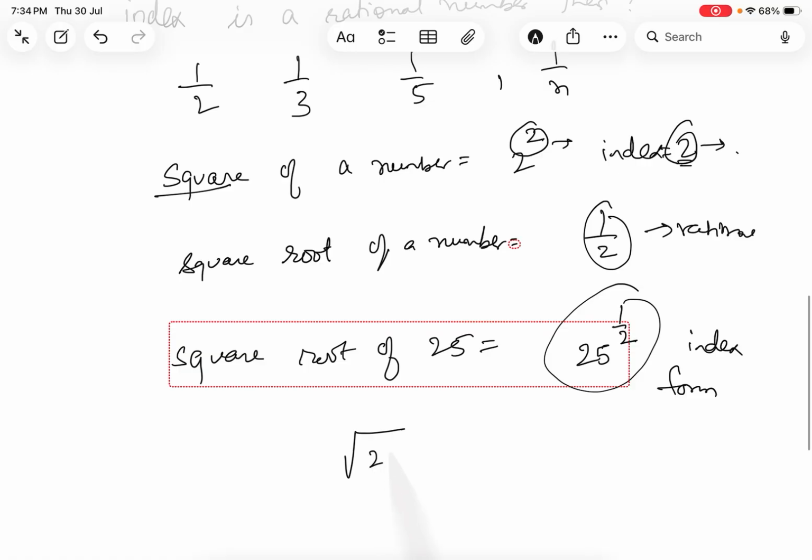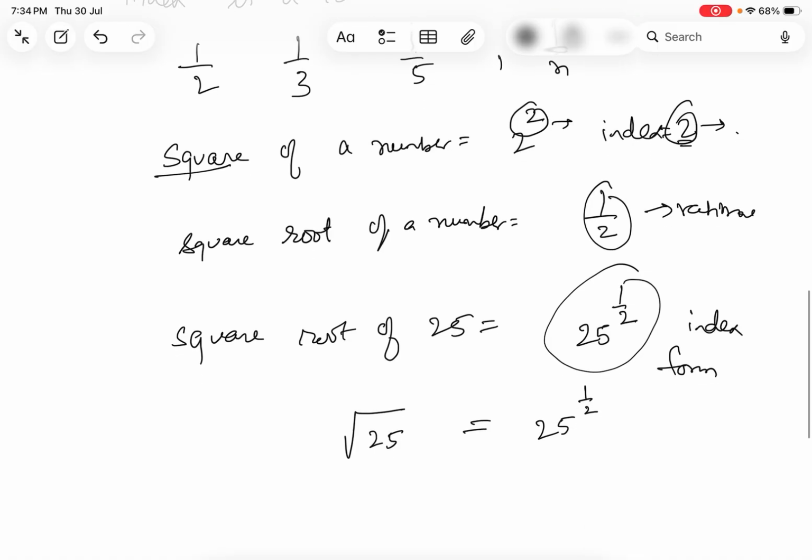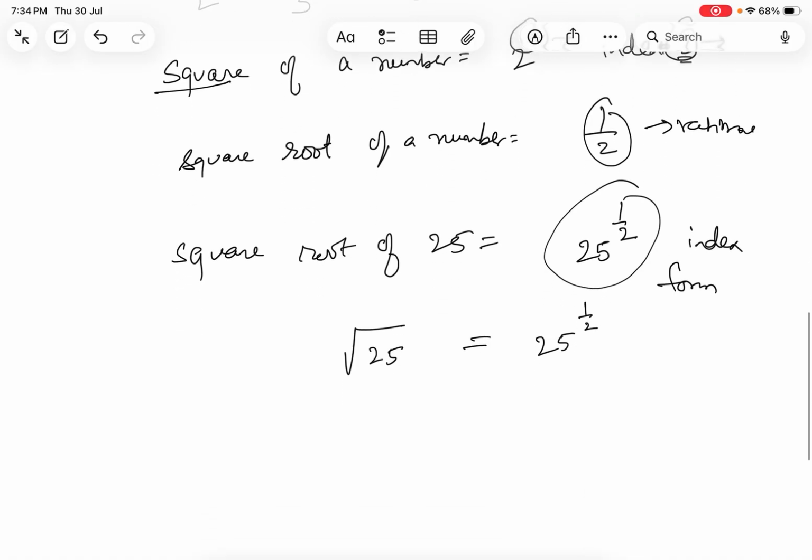You have written it like this in your previous standard, but it can also be written as 25 raised to 1 upon 2.